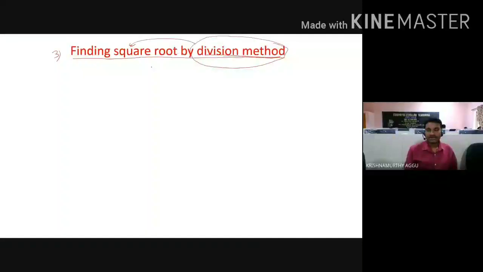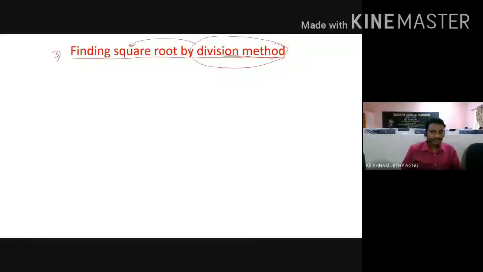You may have one doubt, sir. Already to find the square root, we have two methods with us. What is the need of this method? Already two are there, why go for this method? For small numbers, you can apply the prime factorization method or repeated subtraction method.